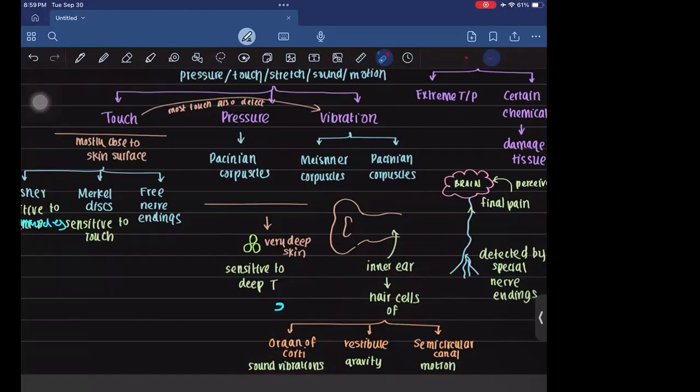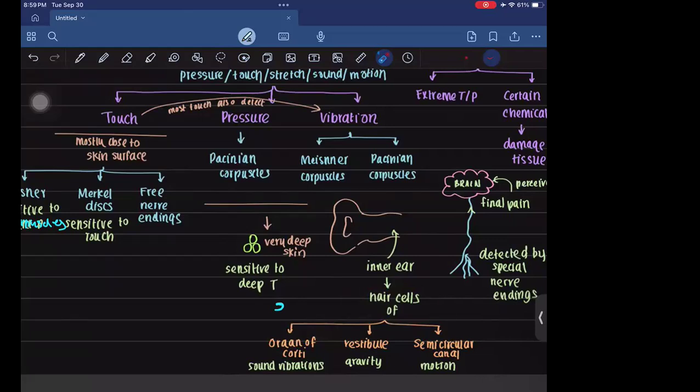Then in the inner ear itself, there is something called the vestibule. The vestibules also have hair cells. The hair cells of the vestibules will be detecting gravity, the linear motion. So when you're standing, you have that balance. That is all because of the vestibule.